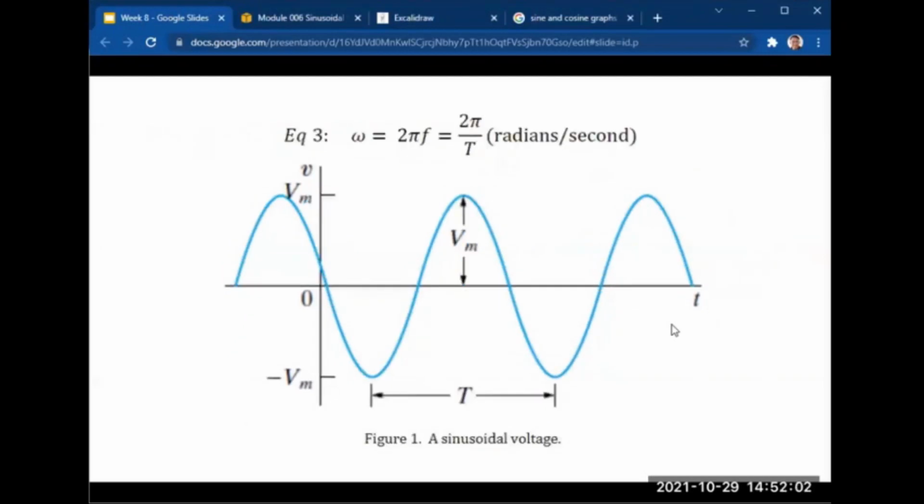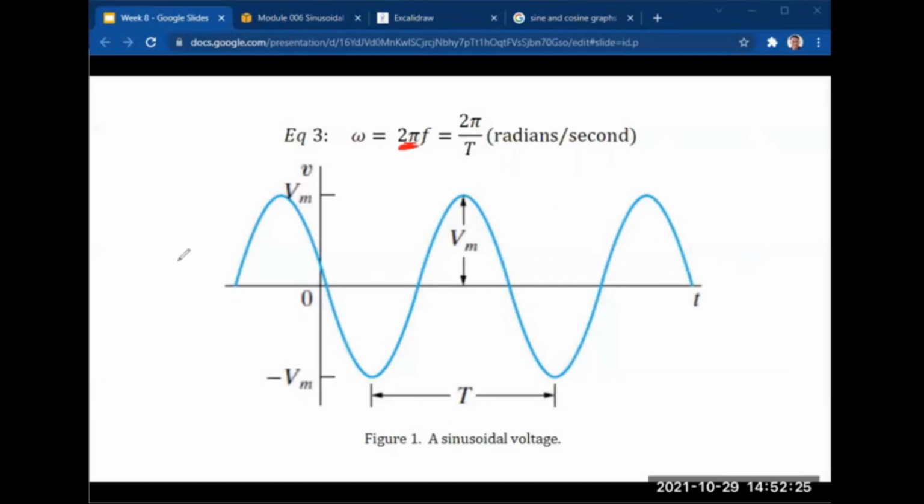So next, we have our omega. Omega is equal to 2 pi f or 2 pi over T. So 2 pi times frequency. What does 2 pi mean? I hope you're still familiar with 2 pi.